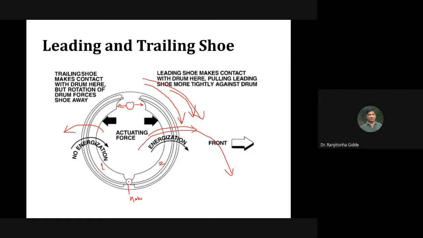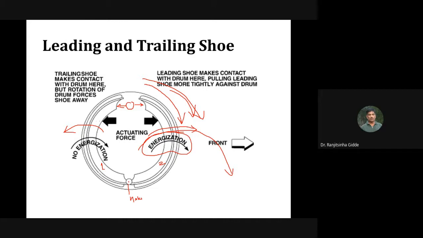So this shoe is called a leading shoe. It makes contact with the drum here, pulling the leading shoe more tightly against the drum. So this is called a self-energizing operation.